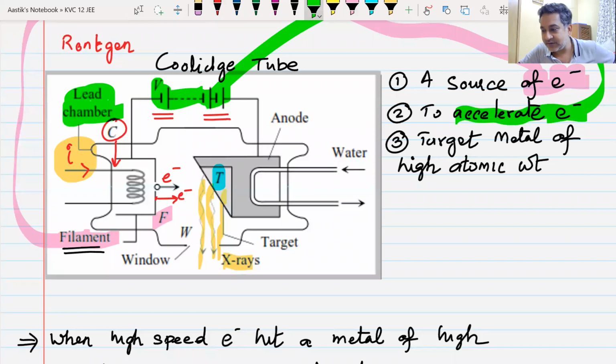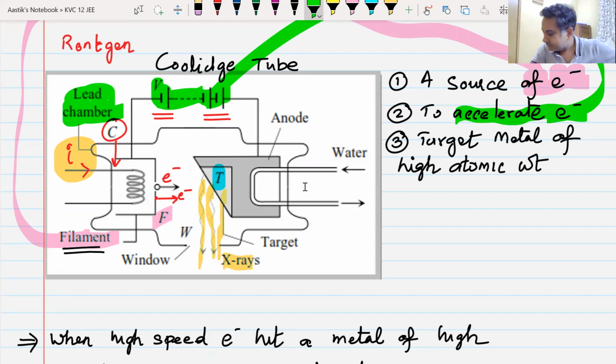X-rays are dangerous. You must have gone for an X-ray when you broke a bone, and they put all sorts of scary things, so that you stay away. Lead absorbs those radiations. That is why the lead chamber.